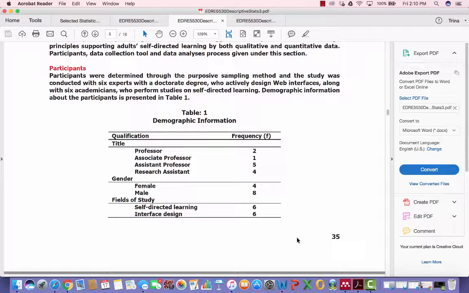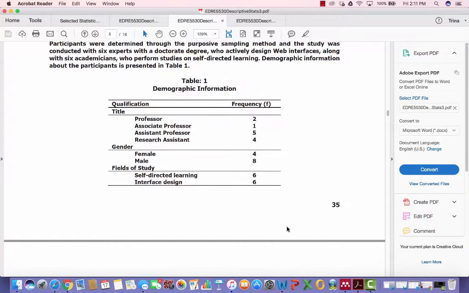The quantitative data, what there is of it, includes frequency tables. So, for example, this one, the table of participant demographics and the frequency of that characteristic. That is, again, kind of a count. So I don't think that puts it into the quantitative side or even into the mixed method side.